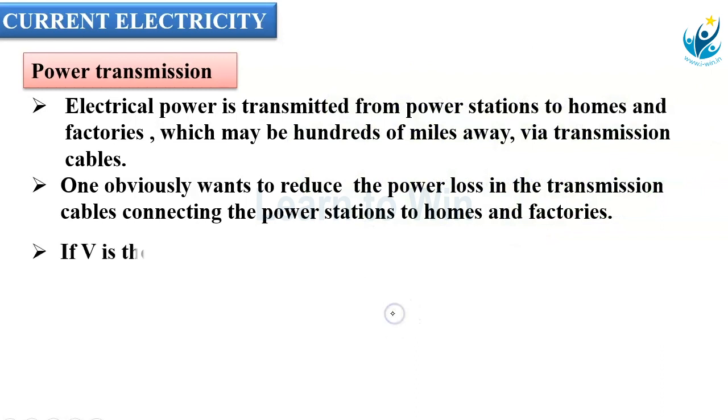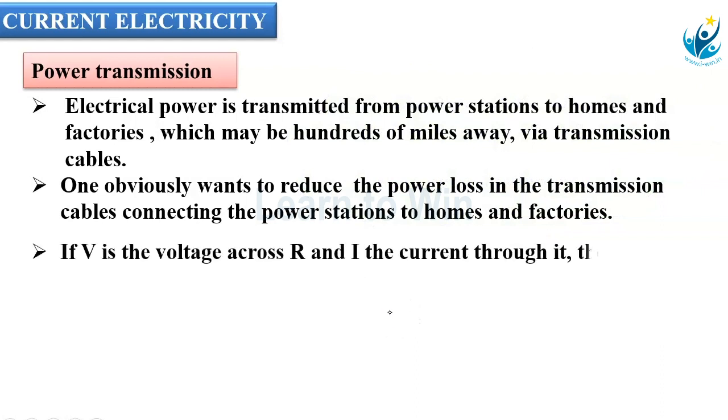Finally, V is the voltage across R and I is the current through it. Then power equals VI. V is the potential difference, I is the current.